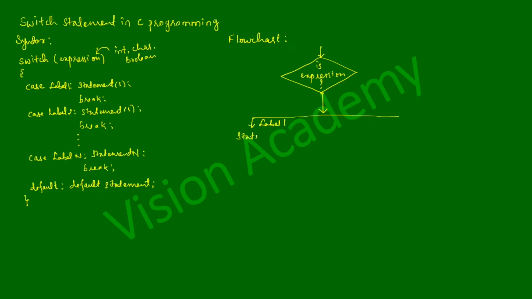If it is matching with the switch expression, then the first block of statements will get executed. If the switch expression matches with label number 2, then the next set of statements will get executed, and we can have n number of statements of this type.